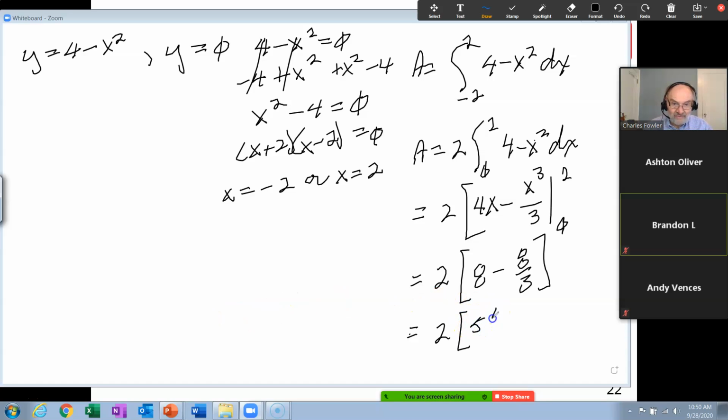But if you don't like to do that, you could have changed this to an improper fraction. This would have been 24 thirds minus 8 thirds would be 16 thirds, which is exactly what you get here. So 2 times 16 thirds would be 32 thirds. And that's what we've got as a solution.